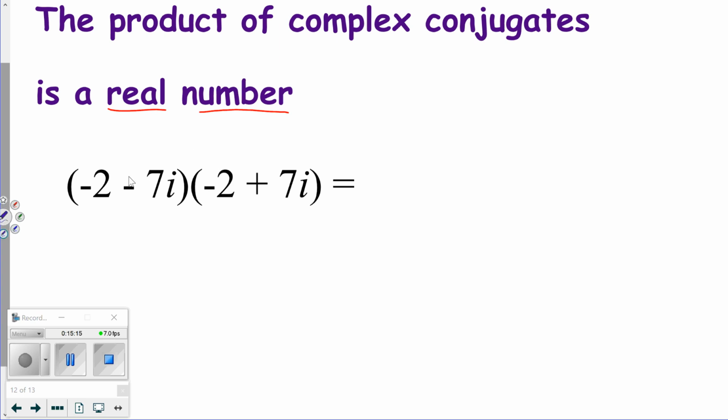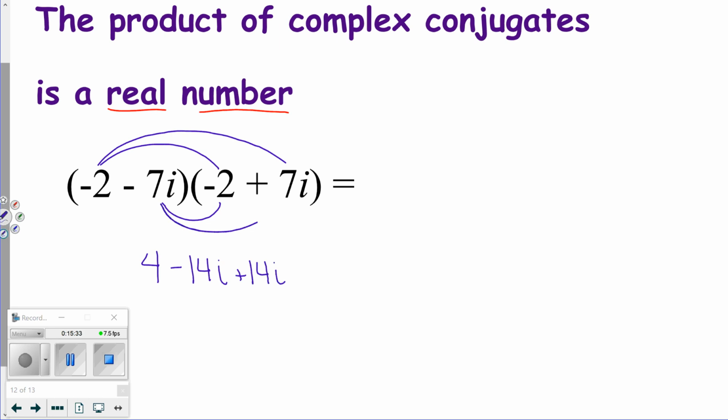So if I multiply, negative 2 times negative 2 is a positive 4. Negative 2 times 7i is negative 14i. Negative 7i times negative 2 is a positive 14i. And negative 7i times 7i is negative 49i squared.